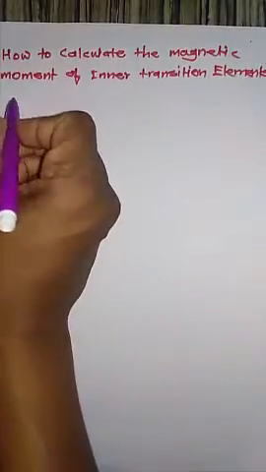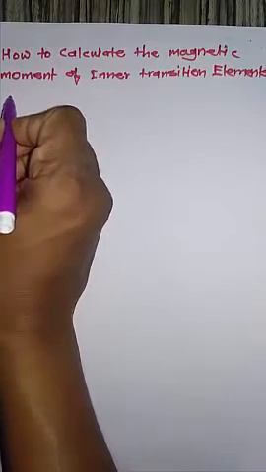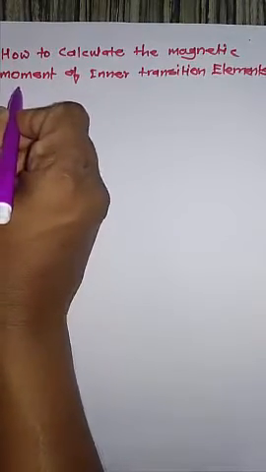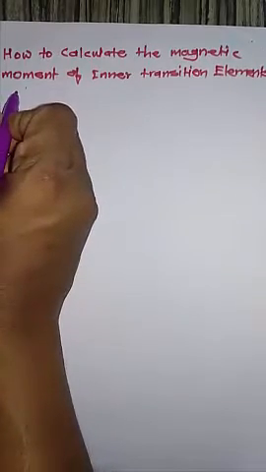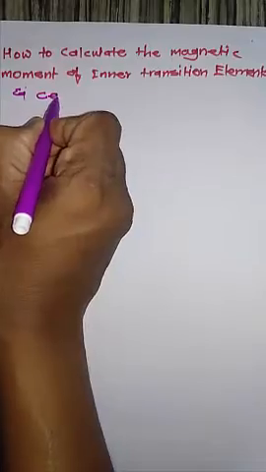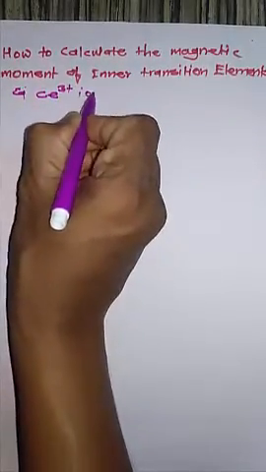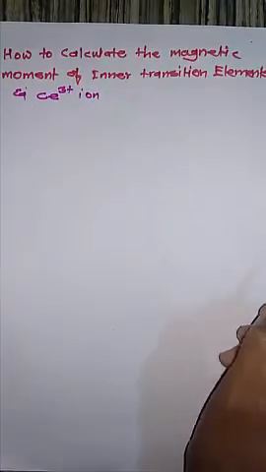Here we will take an example: the cerium 3 plus ion, that is a lanthanide.